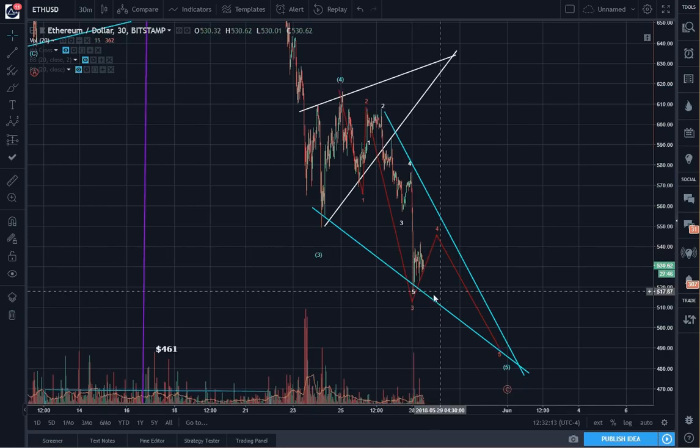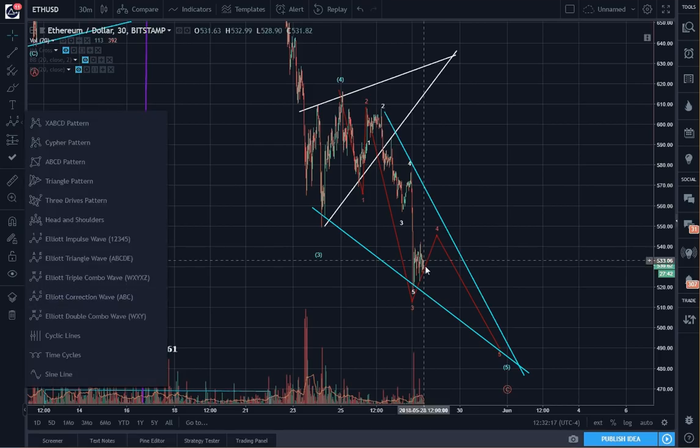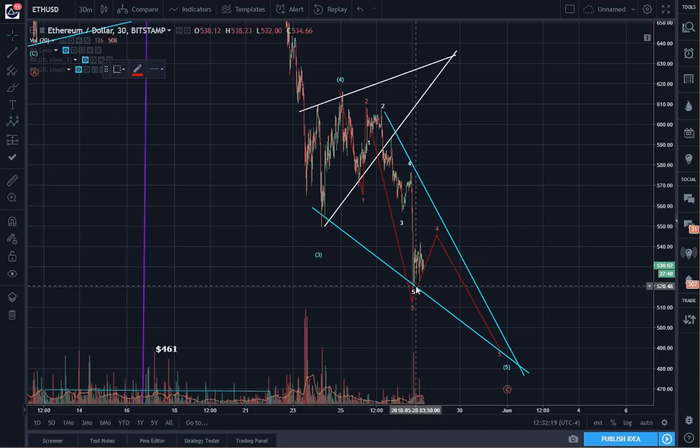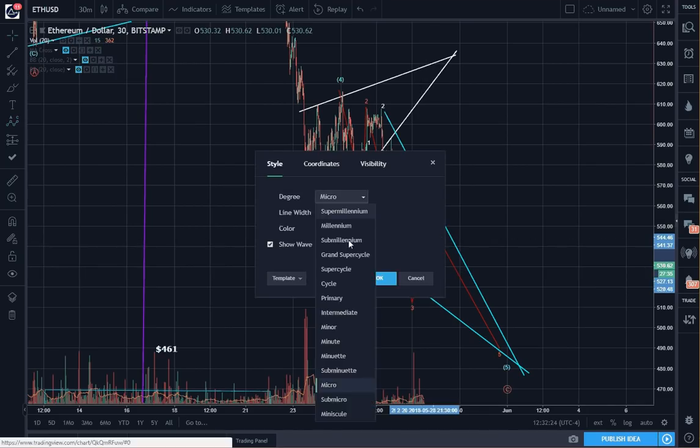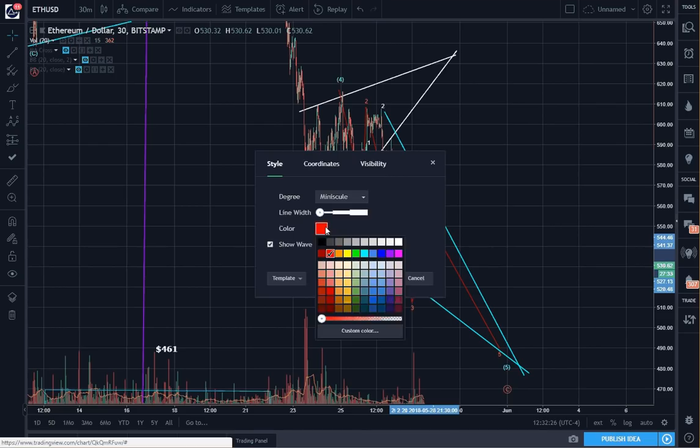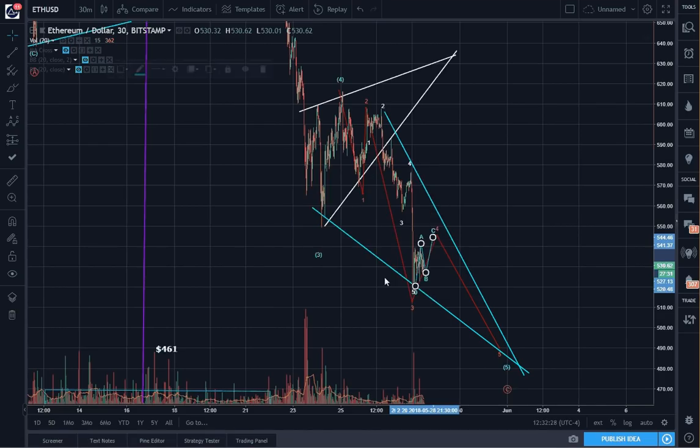And this 4 will be an ABC, A, B, and C, for the red 4.